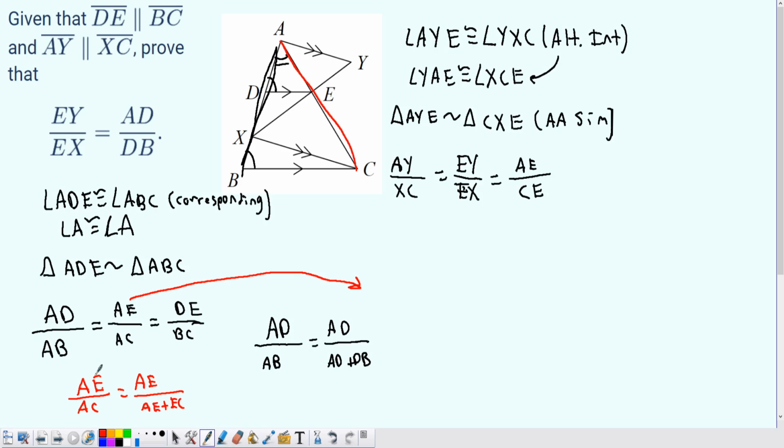And again, because I know AE over AC is equivalent to AD over AB, I can then set them equal to each other over here in that split up form. So we are going to have AE over AE plus EC.